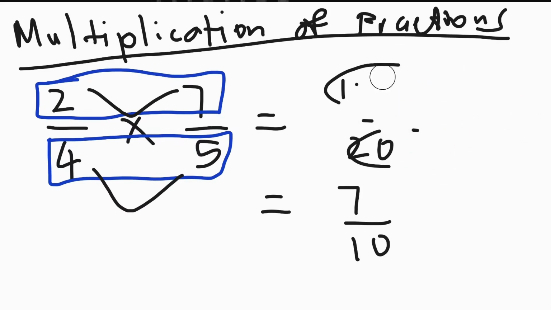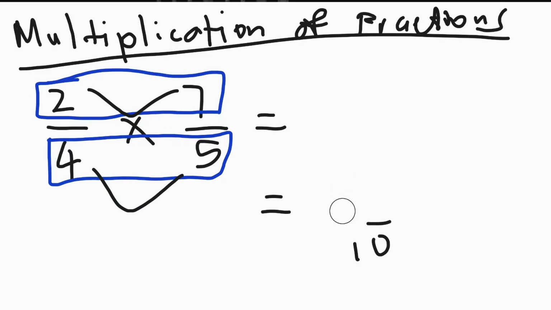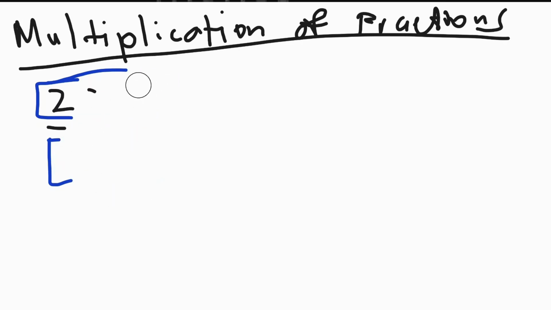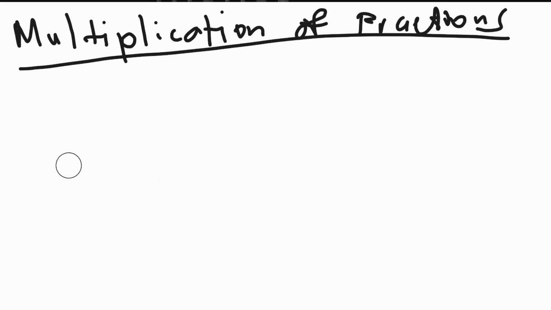Okay, let's do one more and then we can move on to division of fractions. Okay, guys, so like I say, you can play around with any numbers that you wish to play around with.